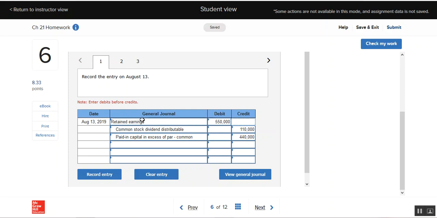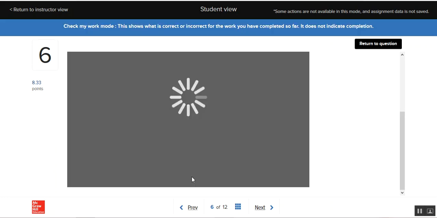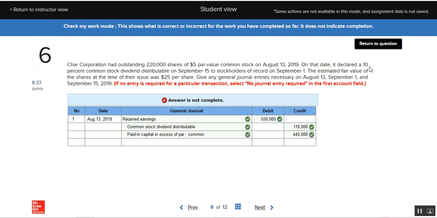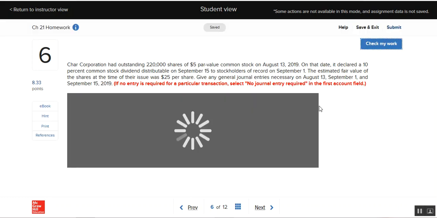You just take the number of shares times the market value. So you could calculate that retained earnings, could calculate your common stock dividend distributable at par value, and then you could just plug in that credit amount that brings these two in balance. So you could do it either way. So let's check and make sure I did my math right before we dig into this question any deeper.